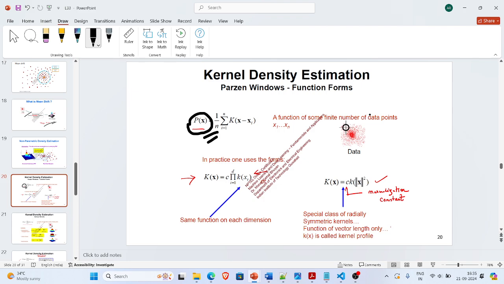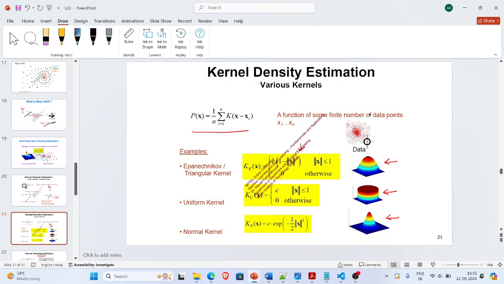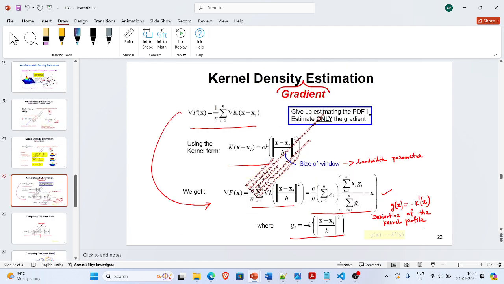There can be various kernels for our use: radial basis function, uniform kernel, normal kernel. So this type can be there. Next we need to find this delta px.